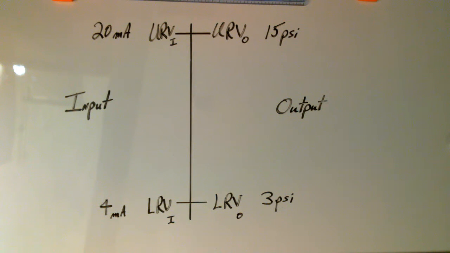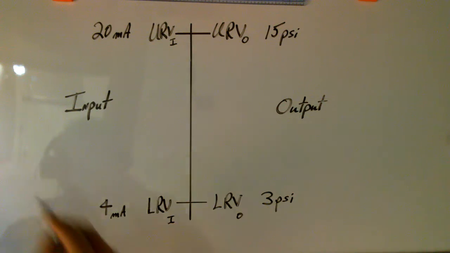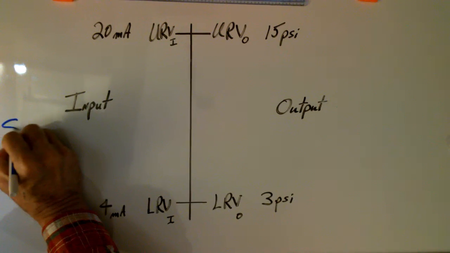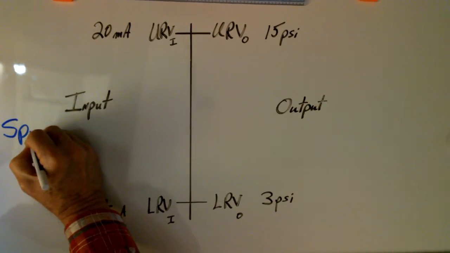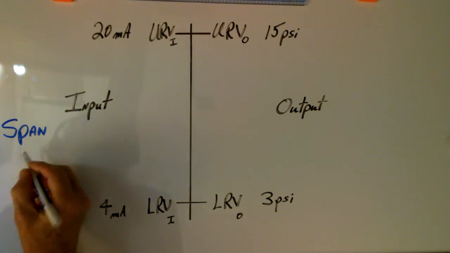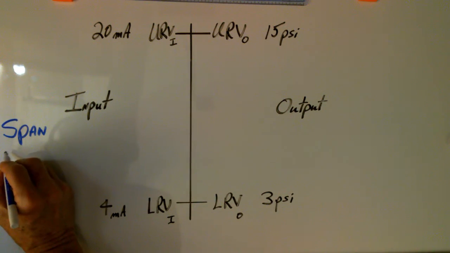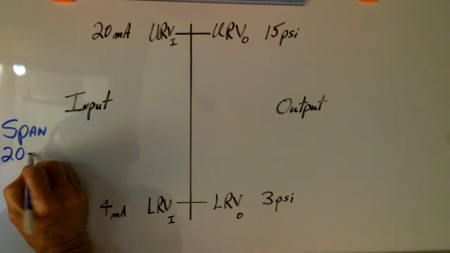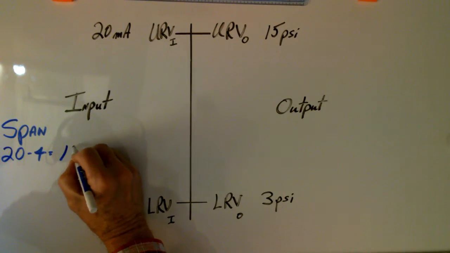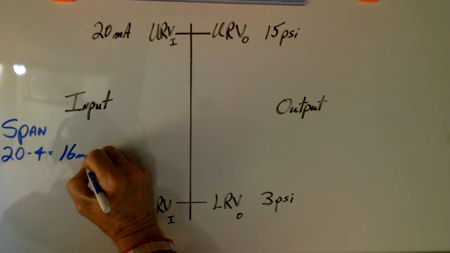Okay, so let's continue with our note taking, our note making here. Okay, the span on the input side is 20 minus 4, and that's equal to 16 milliamps.